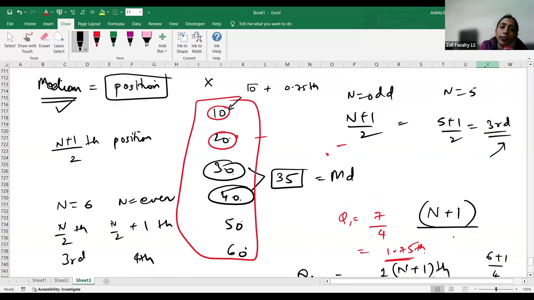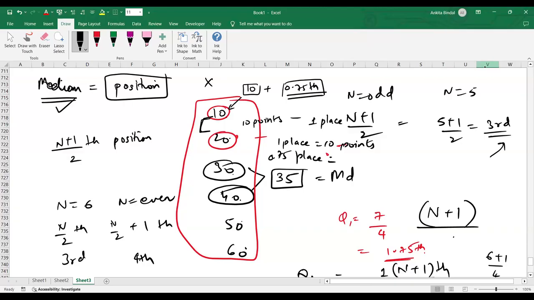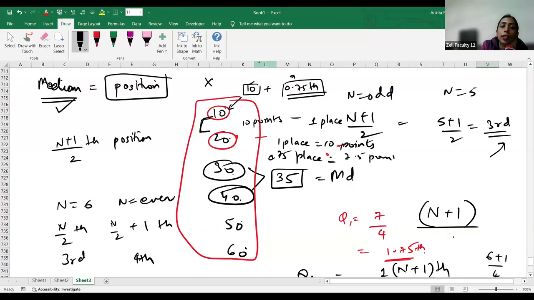The first place value is 10, so I write 10. Now I need the value of the 0.75th place. I can see the difference between 10 and 20 to be 10 points. So 10 points is representing one place. One place is equal to 10 points. So how many points would 0.75 place be equal to? 7.5. 7.5 points. So 10 plus 7.5, I'm getting 17.5. Okay.